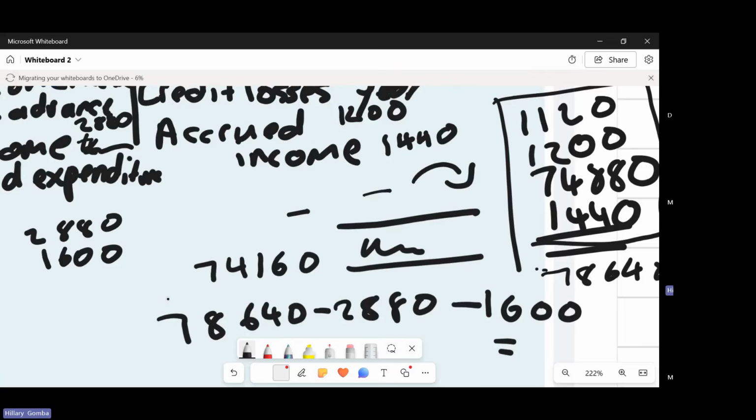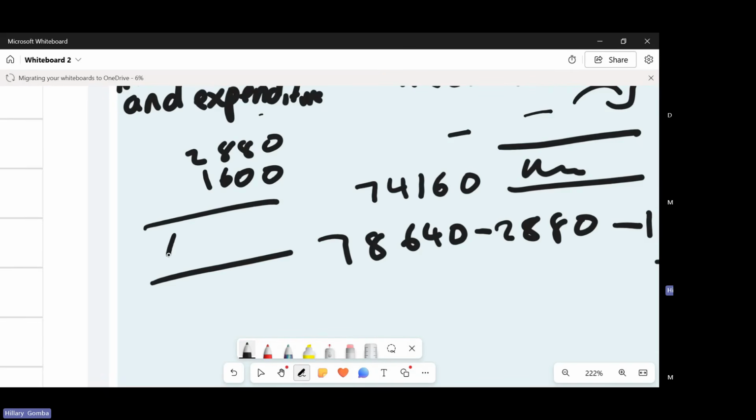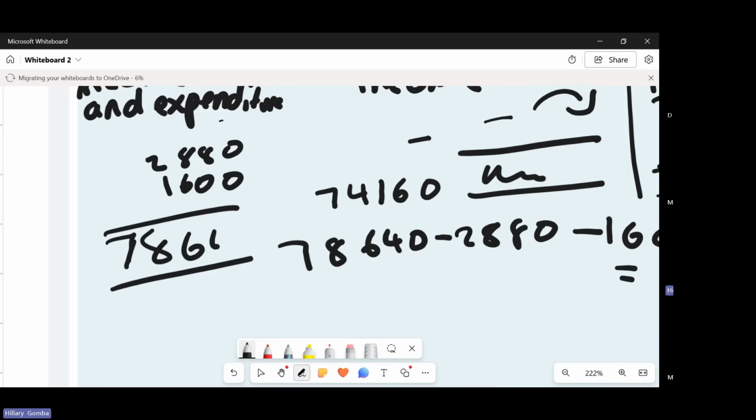Yes. So that will be your amount for income and expenditure. Because at the end of the day, both accounts have to have the same amounts. If both accounts have that amount that you gave me, which is 7,860, on the trade side, it must also be 7,860. So they must balance.